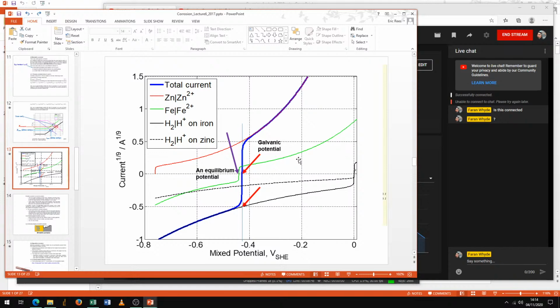Then, if you applied in this system a surface potential using an external power source of minus 0.2 volts SHE, there would be a net anode current density on the surface of this metal. If you're applying the surface potential, there's no problem. You can hold the surface there using electronics. It's just that your power source needs to supply enough current for this net anode process to take place.